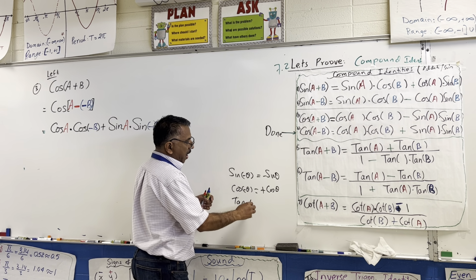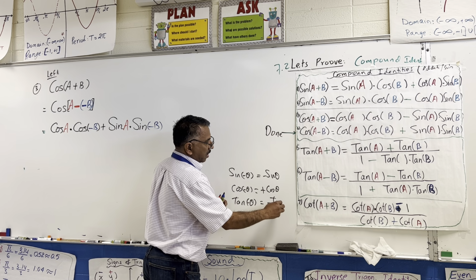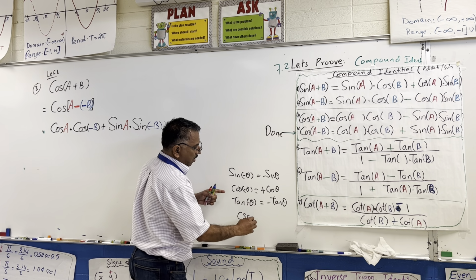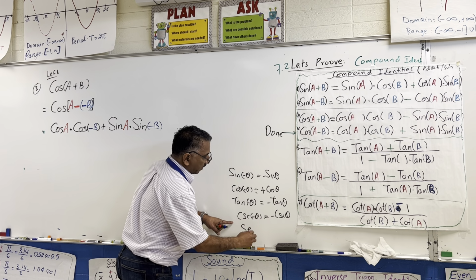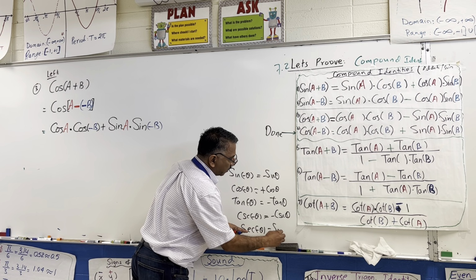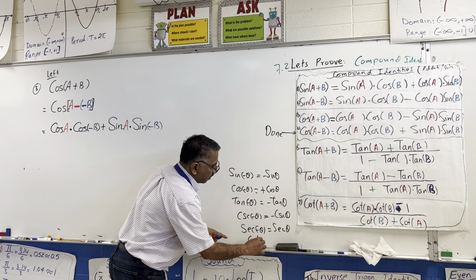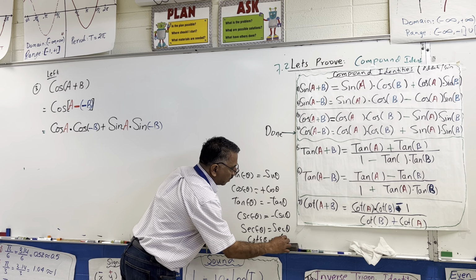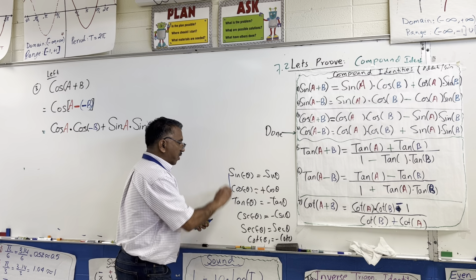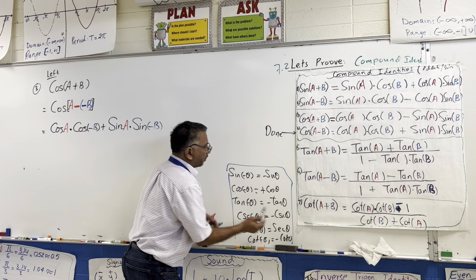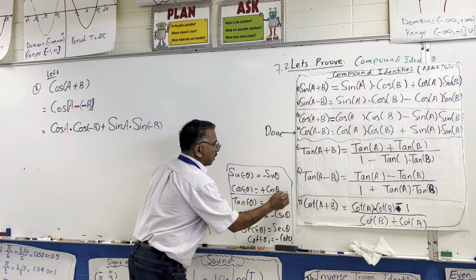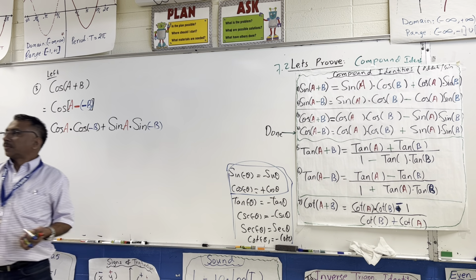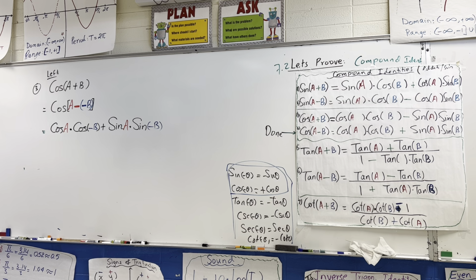Tan of minus theta is minus tan theta, and cosecant of minus theta is minus cosecant theta, but secant of minus theta gets back to secant theta, and cotangent of minus theta is minus cotangent. The main thing to focus on right here is the sine and cosine, so the first two.